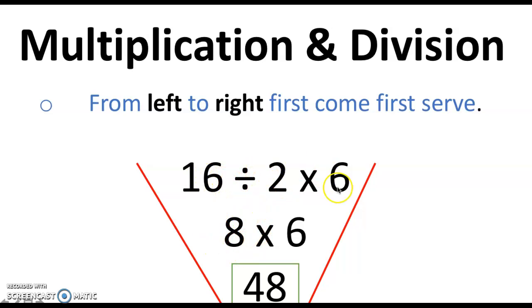We would rewrite the second part of the expression, which is the times 6. And then we would find the product of 8 times 6, which is 48. Again, I want to emphasize, even though it says PEMDAS and the M comes first, multiplication and division are basically equivalent. So you solve it from left to right. Left to right, first come, first serve.